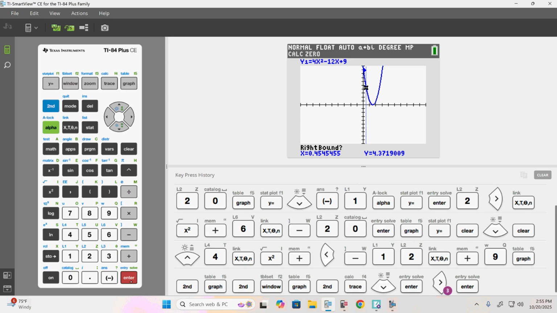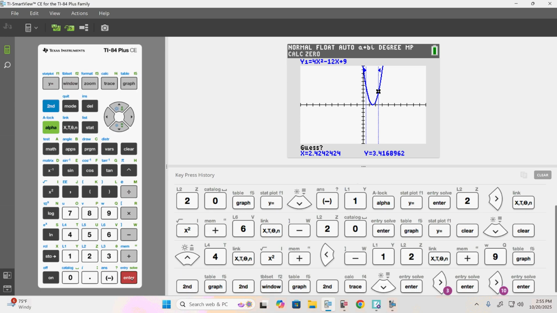So that means we need to use those arrows to move to the right of where it intersects the x-axis. And we can hit enter again. So if you notice here, we've got two arrows pointing towards each other, yes? And what's in between those points should be where it crosses the x-axis.